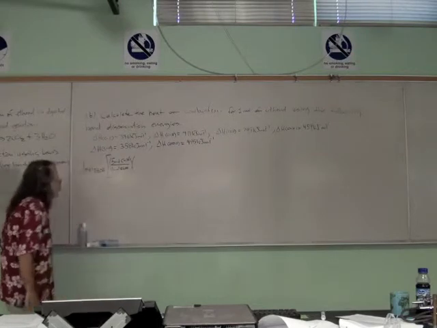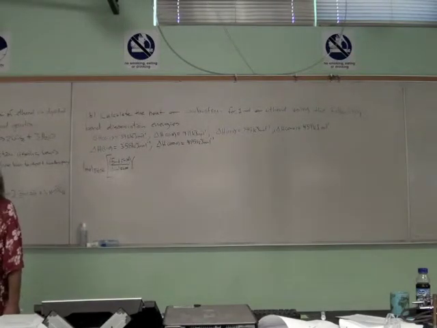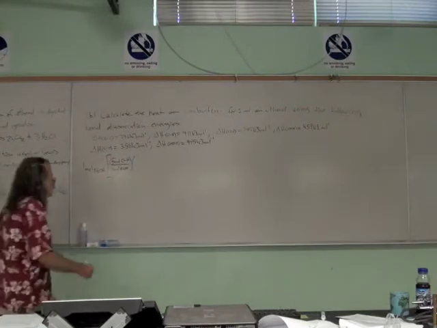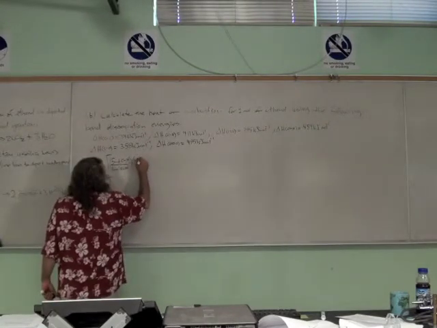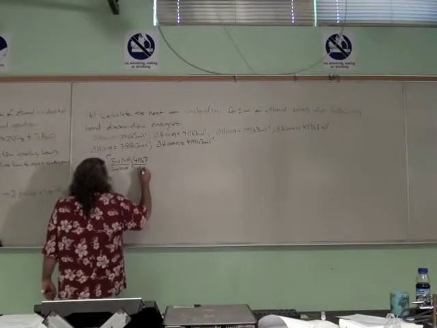And what is the bond association energy for every carbon-hydrogen bond? How much work do I have to perform? 411. So there's 411 kilojoules for every 1 mole of CH.